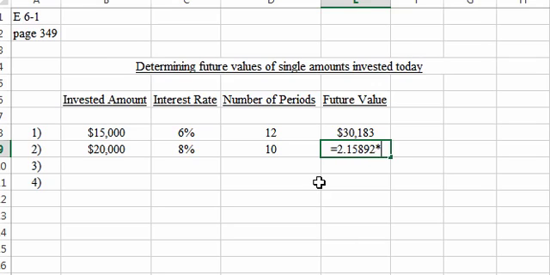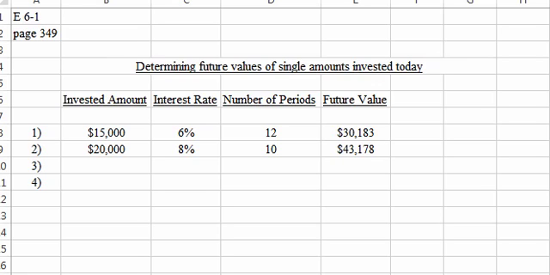And then we're going to multiply by our amount invested. And we get 43,178. Again, what that tells us, if we invest $20,000 today at 8% for 10 years, at the end of 10 years we'll have $43,178.